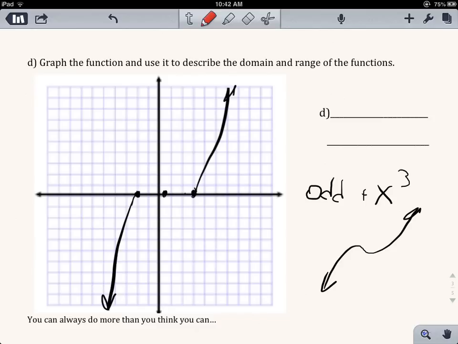Alright, and then I can plug in my y-intercept. My y-intercept's at 6. So we go 3, 4, 5, 6, and plug that in there. Alright, so I'm just missing some turning points. So we need to plug this thing into our calculator.